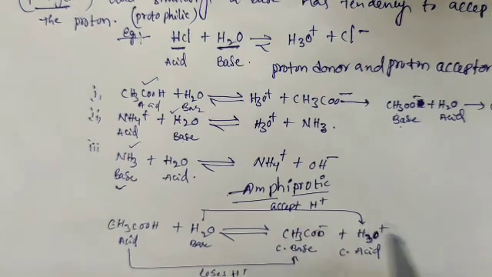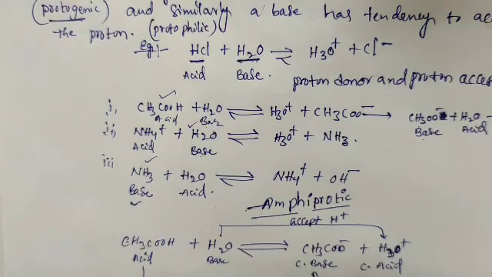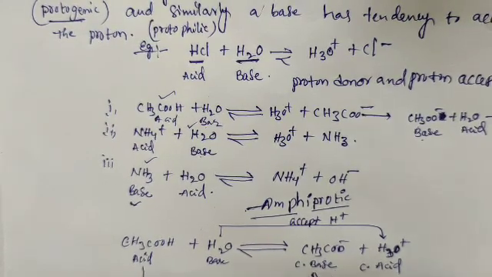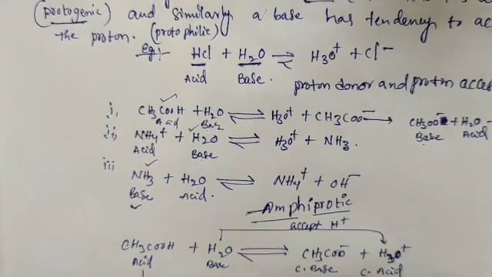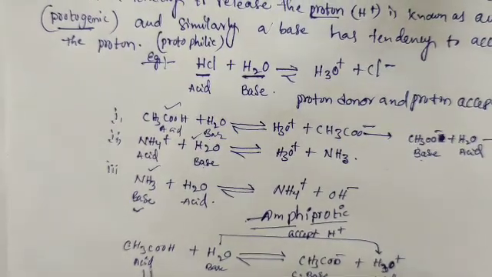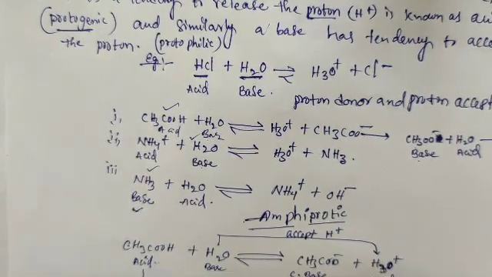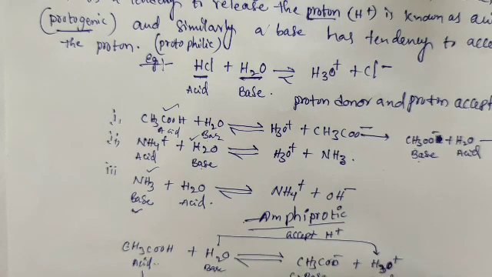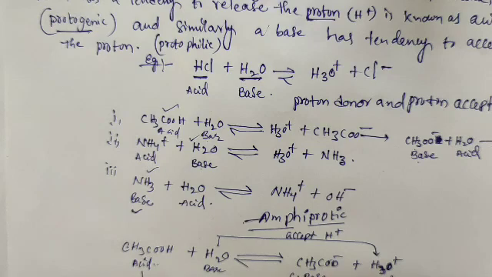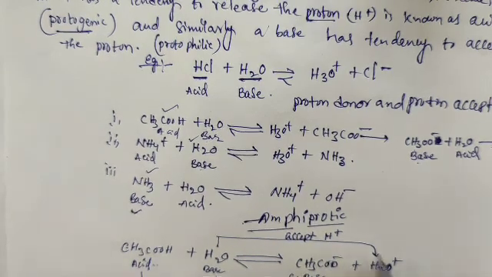Now CH3COO minus is the conjugate base of acetic acid, while H3O plus ion is the conjugate acid of water.